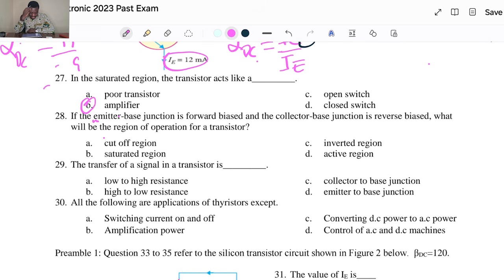If the emitter base junction is forward bias and the collector base is reverse bias, what would be the region of operation of a transistor? Cutoff region, saturated region. In that case, we are going to get the active region.